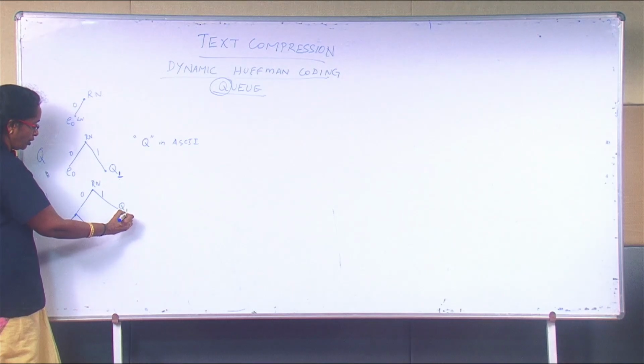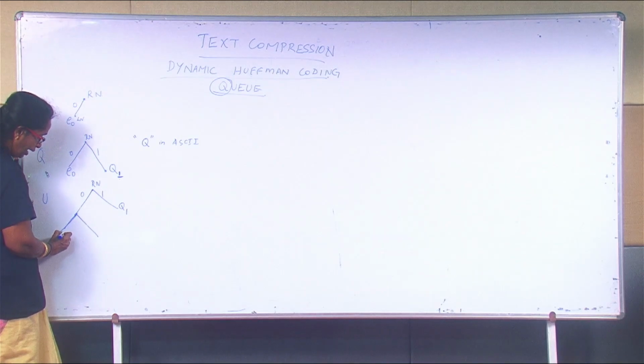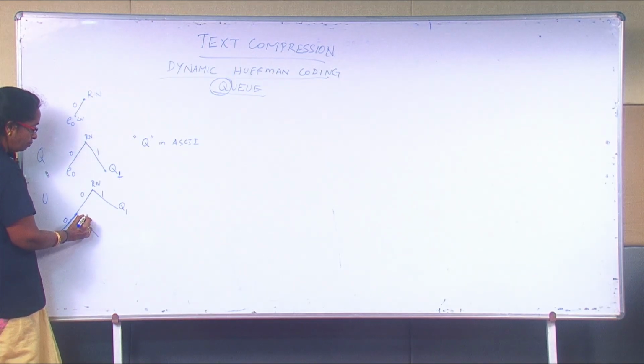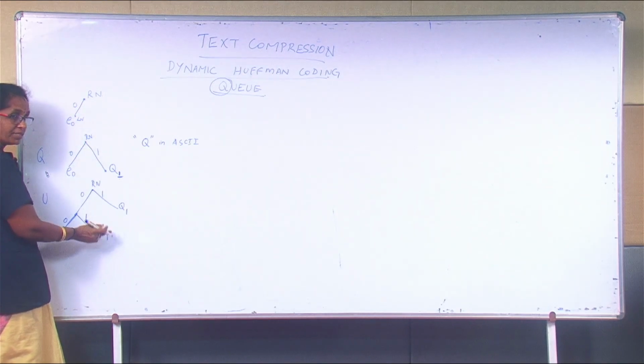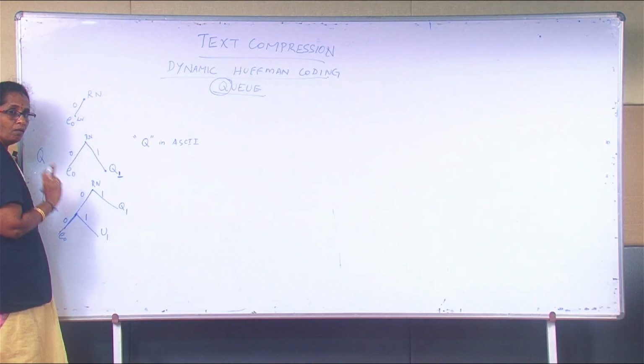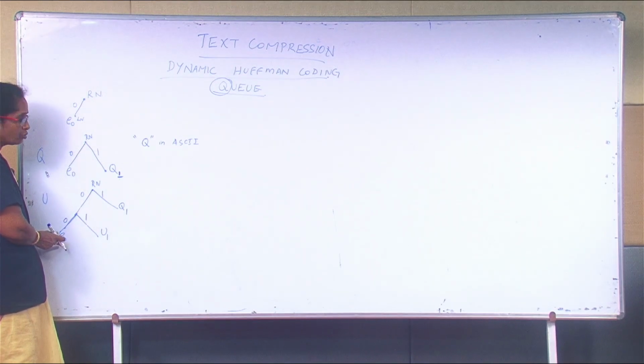Q1 is assigned to the 1 branch, but the empty leaf node is split into a branch node. Again the empty leaf node is assigned to the 0 branch, and to the 1 branch the character U is assigned, and it is a first-time occurrence, so it is specified as U1. Always you see that the empty leaf node is assigned to the 0 branch only.